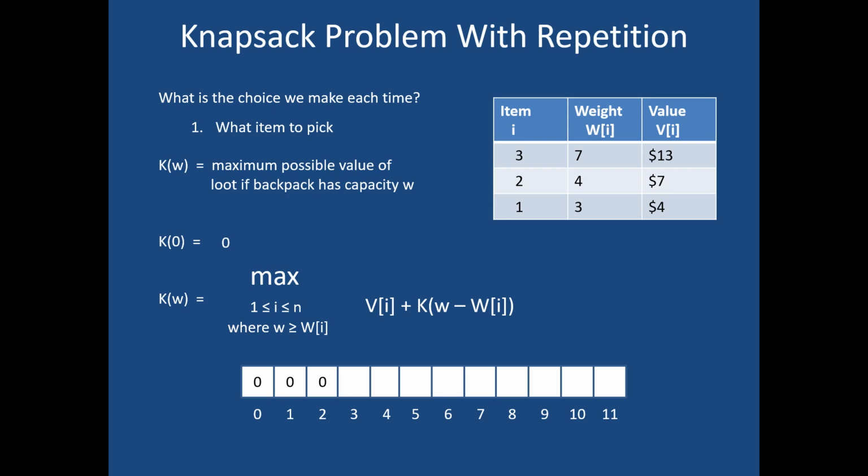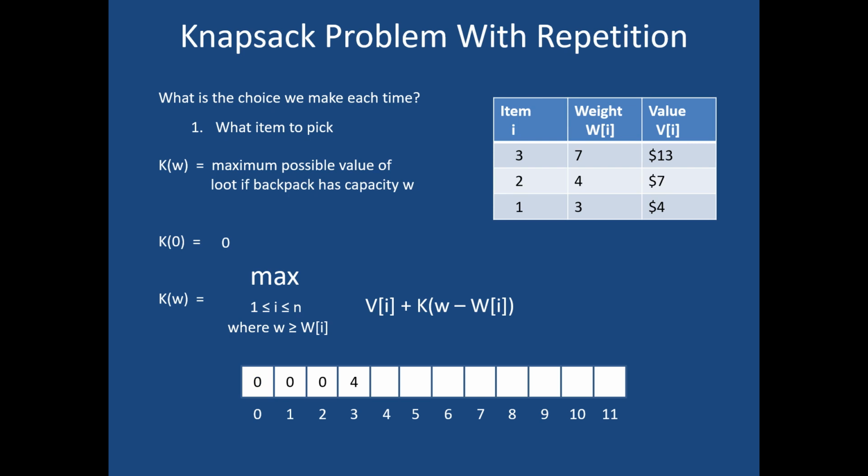So we take 4 and add it to the number in this box, which is 0, and we get 4. Let me write that in. Now the animation shows, with the yellow one, that for each i that works we're going to highlight the value of k of w minus w of i. So that's that, and we write a 4 there.